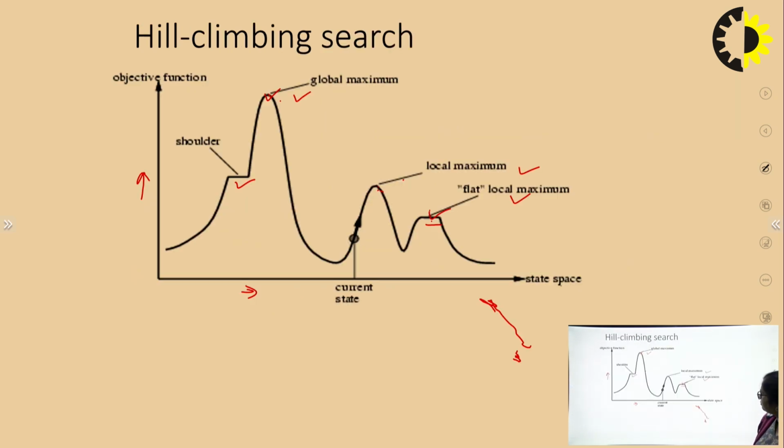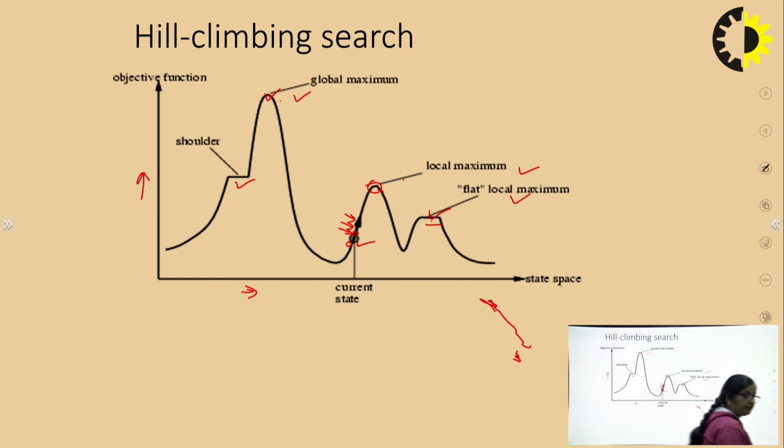If we see this one, let me say my initial state is this, so that will be my current state. If I take this as the initial state and see the neighbors, these two are the neighbors. Which will be selected? The one with the better evaluation function, this one. So we will go on improving and finally we will reach here.